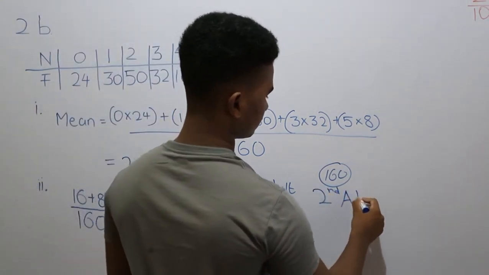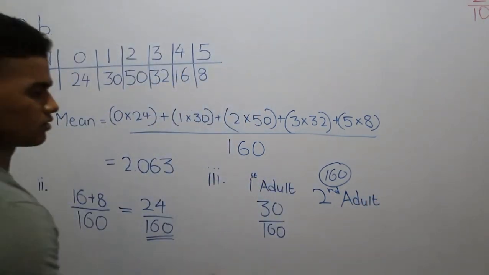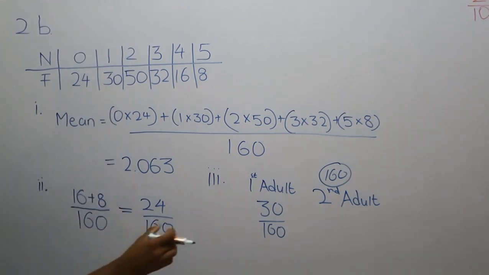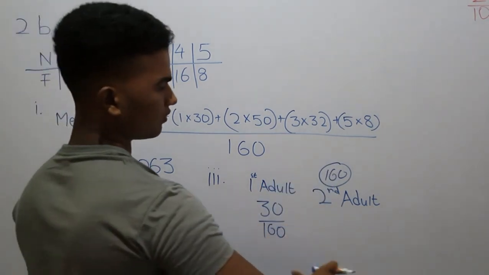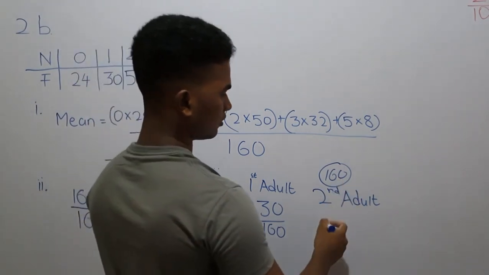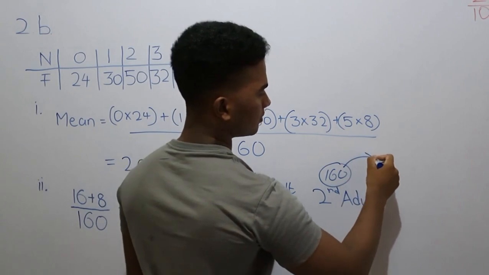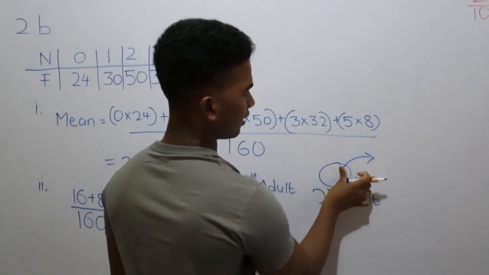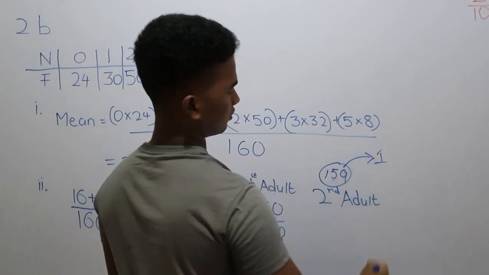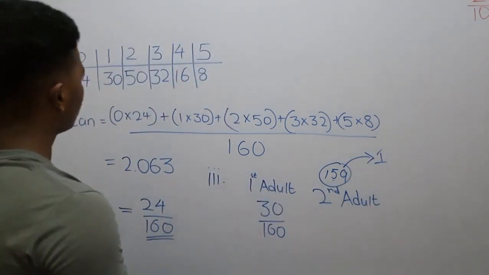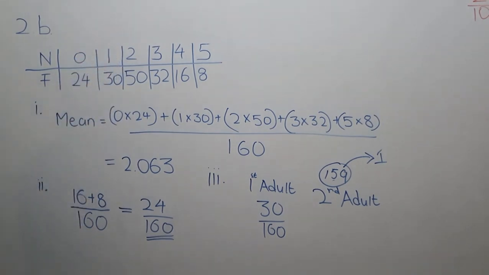Then the second adult, continuously they have been picked. From 30, one is being removed, and from 160 also one is being removed. When one is removed from the total, this becomes 159. And from the group which made 1 error, it becomes 29.